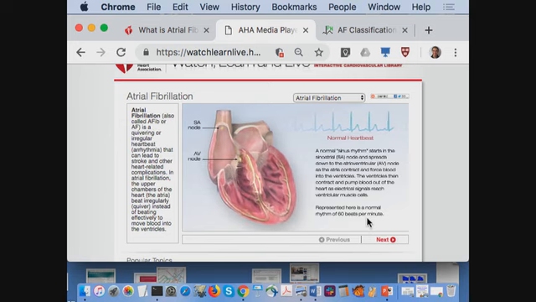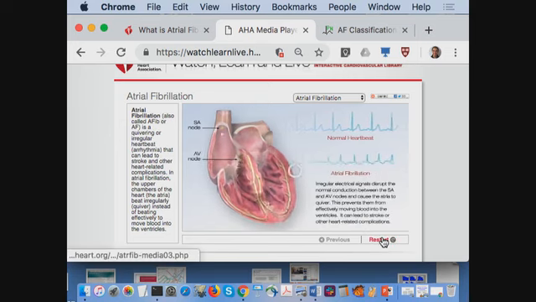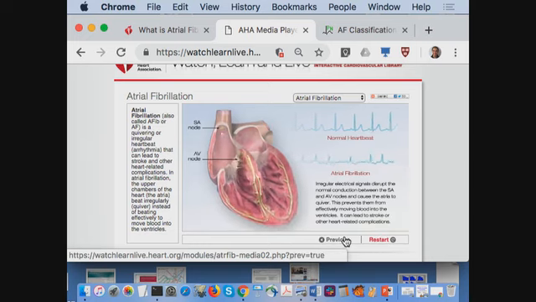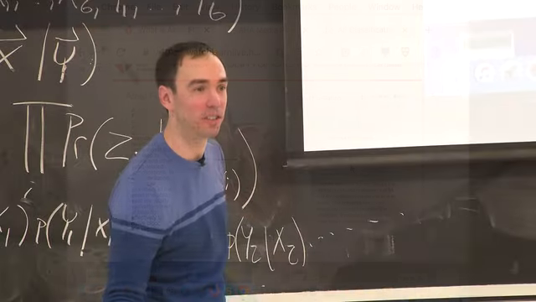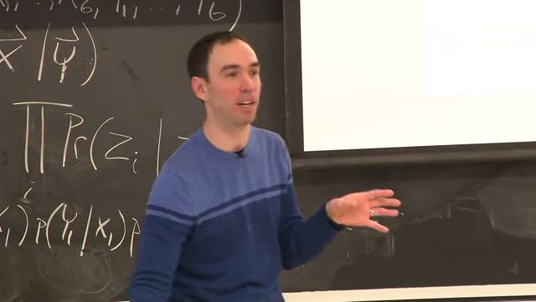Now, for a patient who has atrial fibrillation, it looks more like this. So much more obviously abnormal, at least in this figure. And if you look at the corresponding signal, it also looks very different. So this is just to give you some intuition about what I mean by atrial fibrillation.